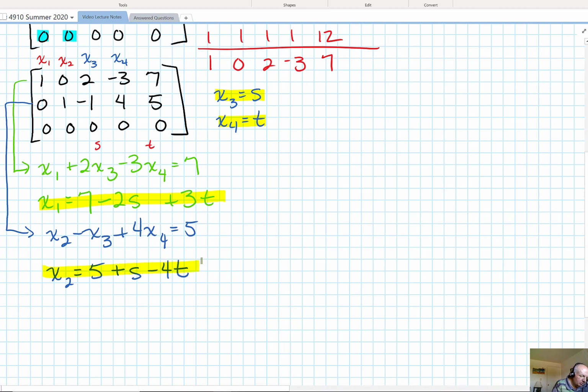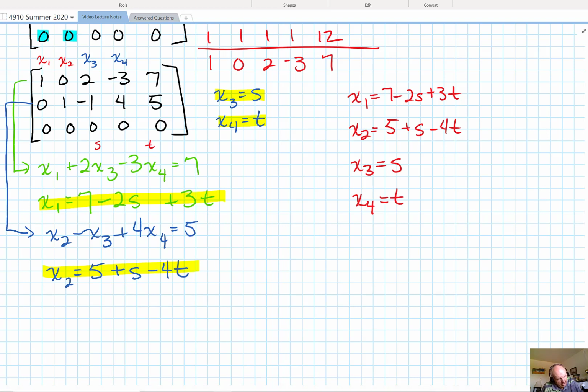And so our solution, if we write it nice and clean: x sub 1 is 7 minus 2s plus 3t. X sub 2 is 5 plus s minus 4t. X sub 3 is s. And x sub 4 is t. And so we are free to choose s and t to be anything we want, and we can then determine what the other variables are going to be, and that gives us one of the infinite number of solutions.